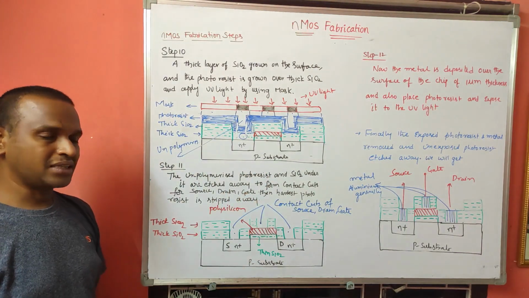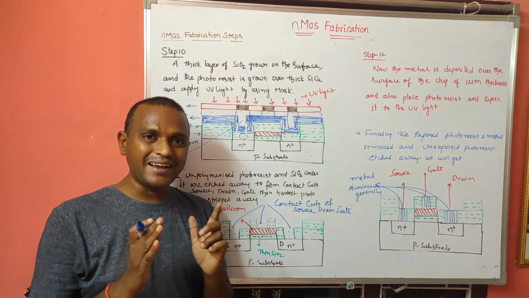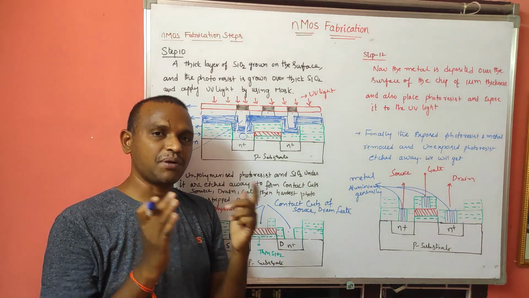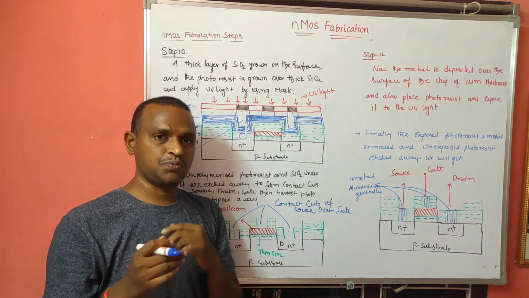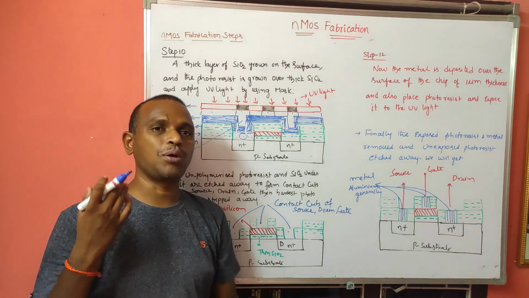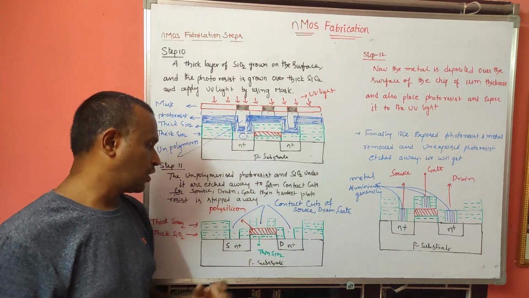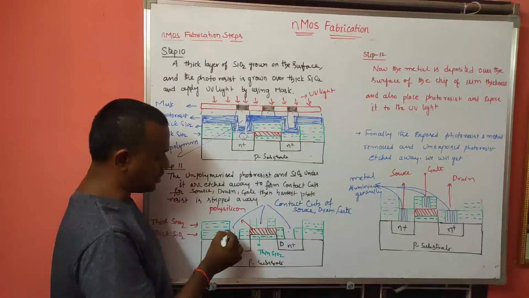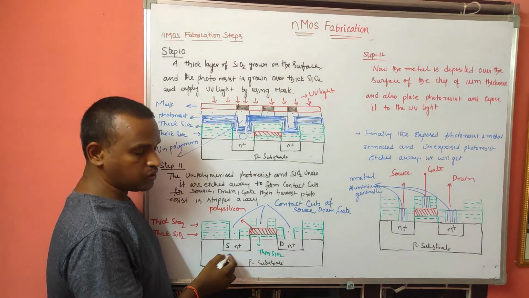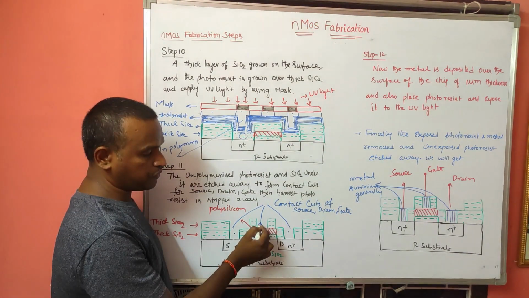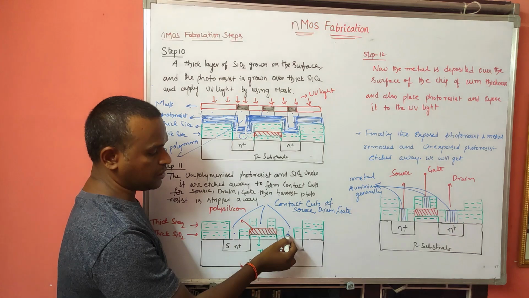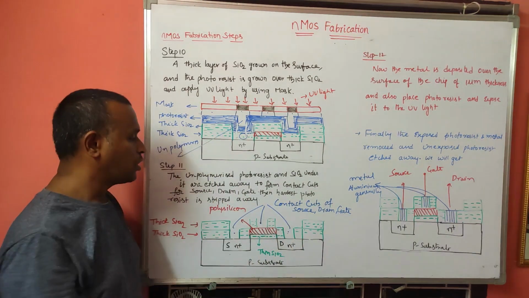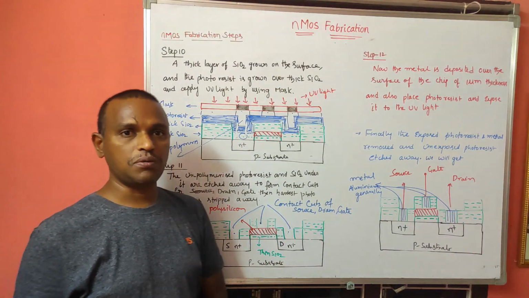So all the contact cuts are formed, and at the same time we will strip away the exposed, or polymerized, photoresist. Therefore you will get the final structure like this. This is the contact cut for the source, this is the contact cut for the gate, and this is the contact cut for the drain. So this is how these contact cuts will be formed.